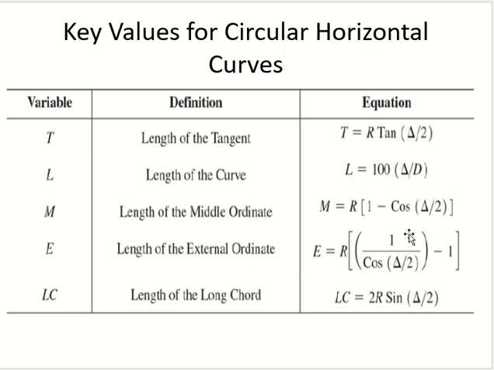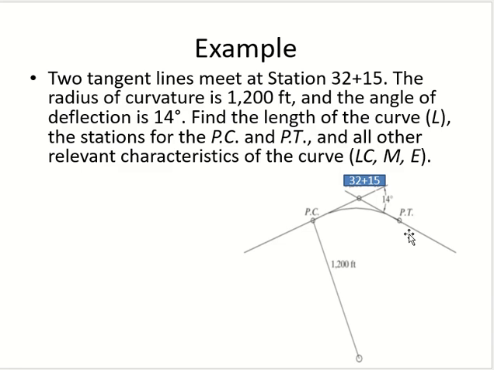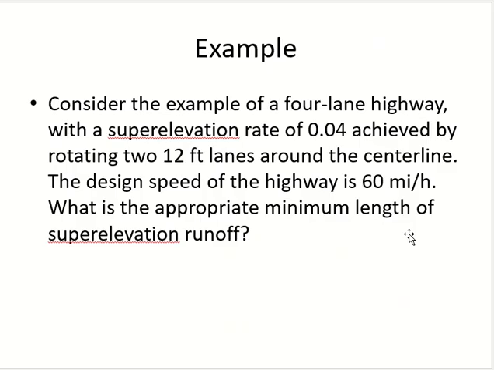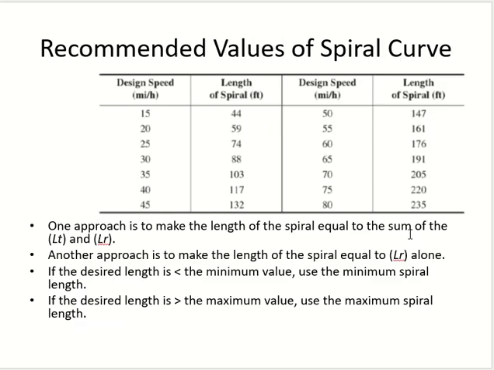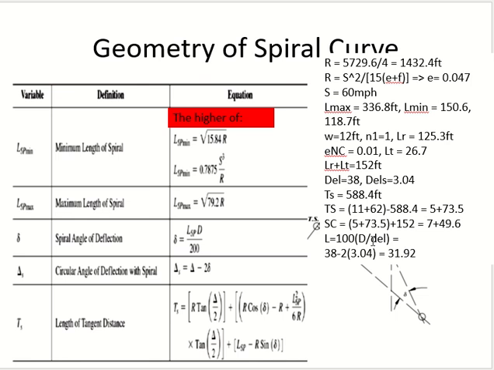Delta will go on the top, 4 at the bottom. So it's delta upon D. So 100 into 31.92 divided by 4. How much? Yes. Okay.